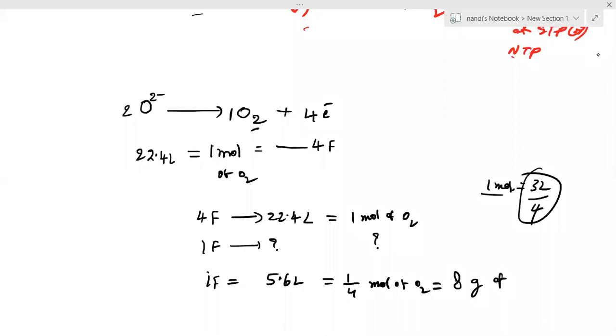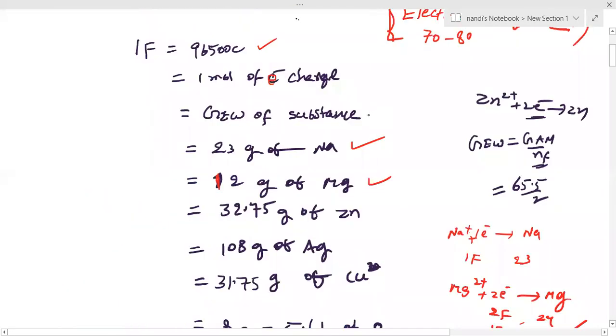Please check it here. 1 Faraday equals the equivalent weight of the substance. Sodium, 1 electron required. For magnesium, 2 Faradays, so for 1 Faraday it is 24 by 12. Zinc, 65.5, Zn2 plus, 2 Faradays required. 1 Faraday means charge only, so 65 by 2 we get 32.75.